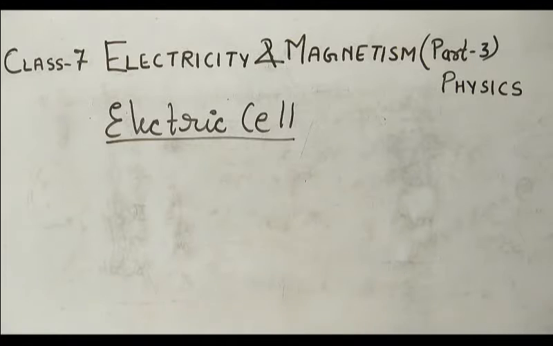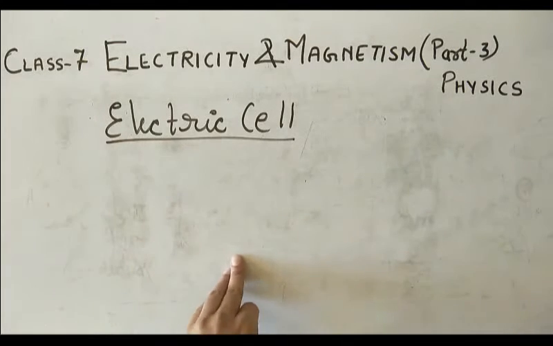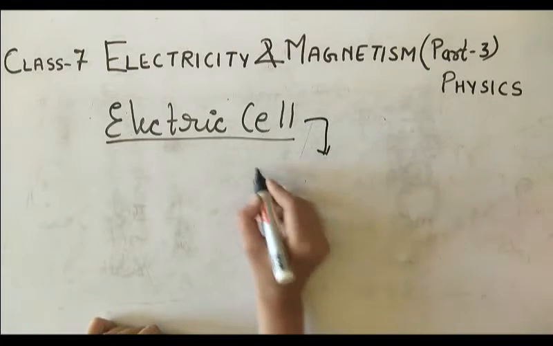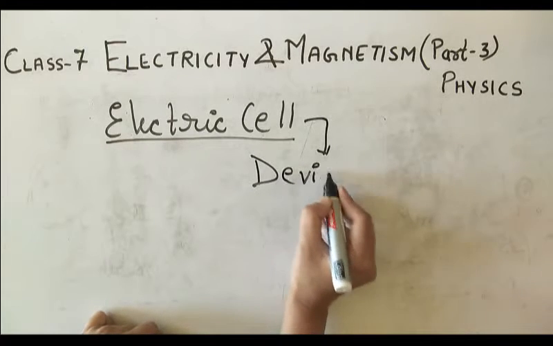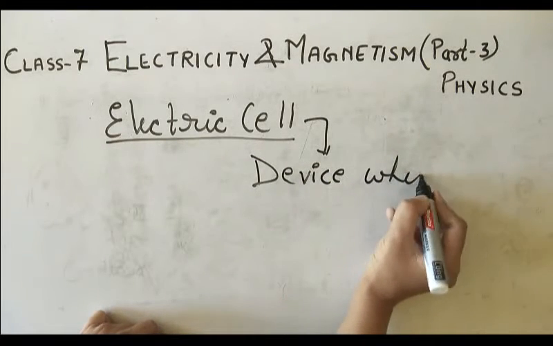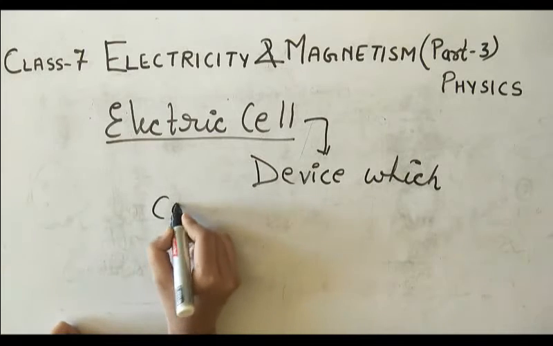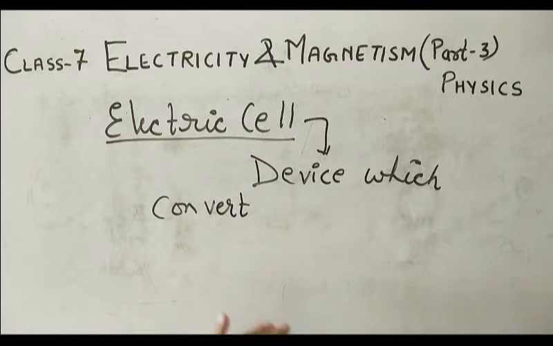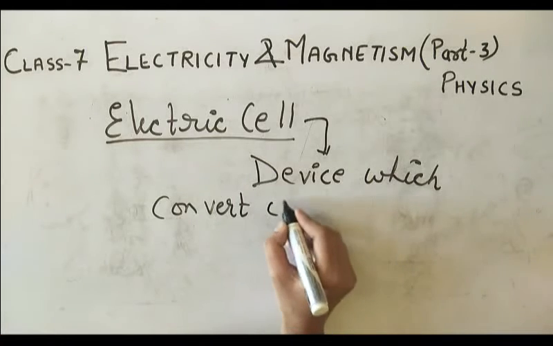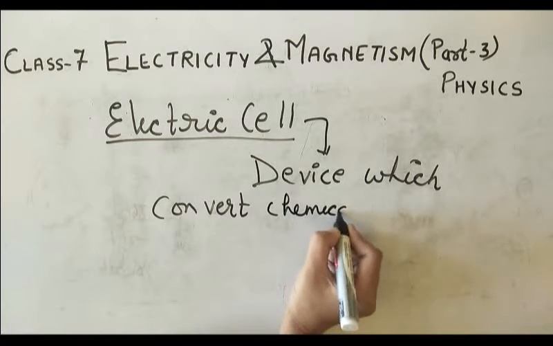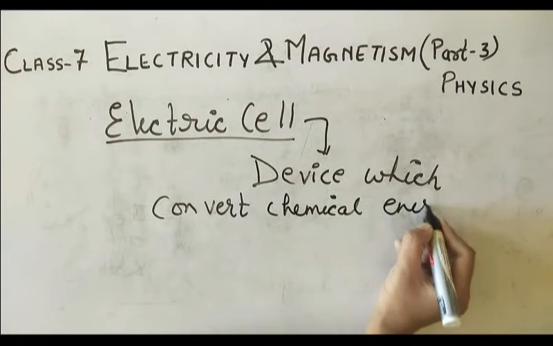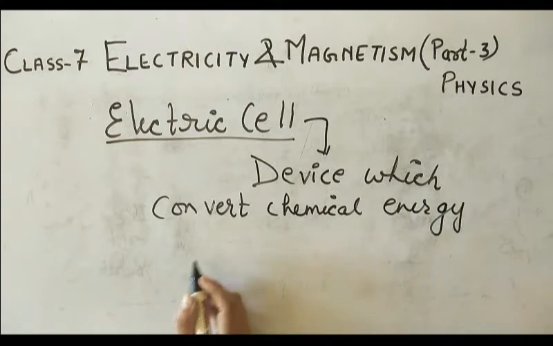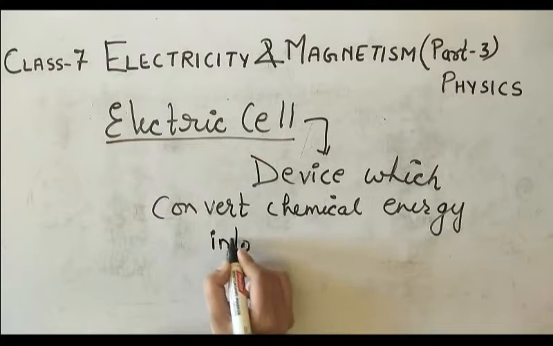If we want to define the electric cell, what is an electric cell? It is a device which converts chemical energy into electrical energy, because chemicals are inside it.